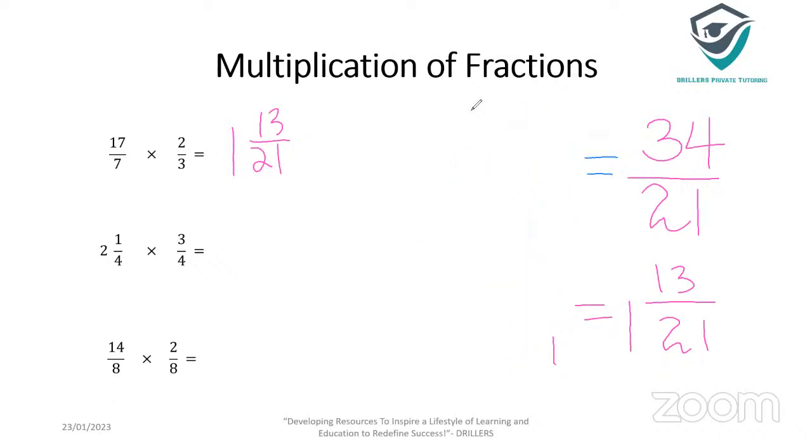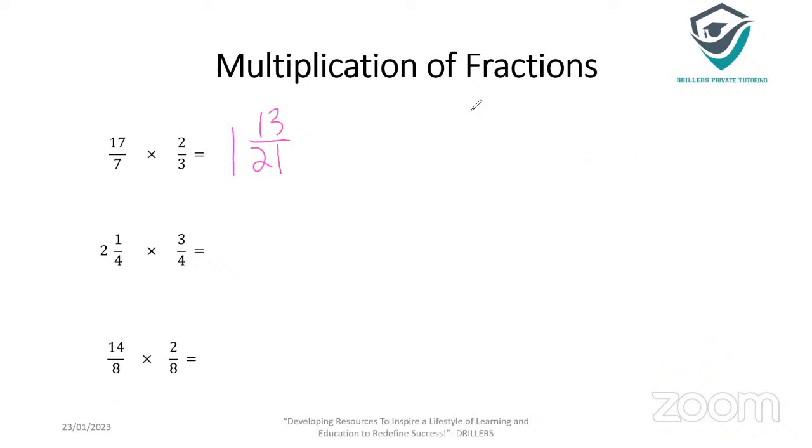So let's move on to the next question. So we have 2 and a quarter multiplied by 3/4. The first step, they said, that is listed, turn your mixed numbers into improper fractions. We've done this question a million times. We converted that 2 and a quarter into an improper fraction, and we got 9/4.